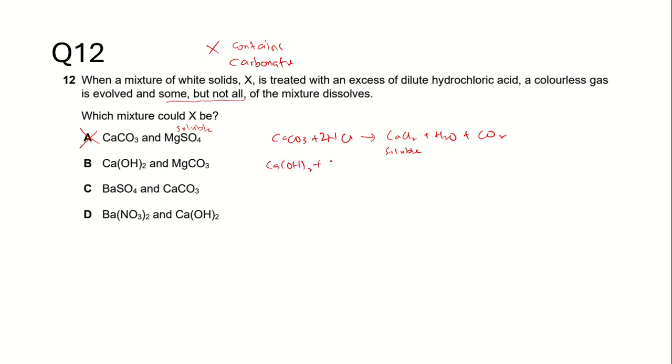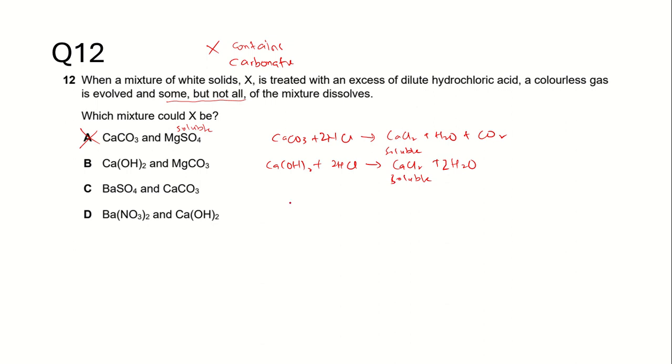B, calcium hydroxide. Calcium hydroxide is a base. It will react with HCl to form calcium chloride and also H2O, so 2H2O. Again, calcium chloride here is soluble in water.